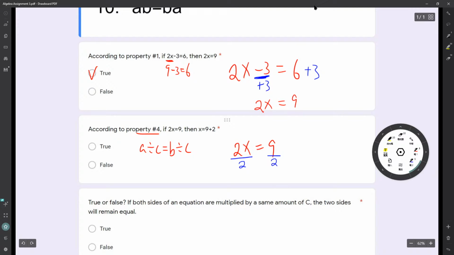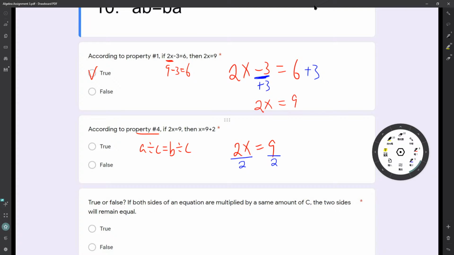Why do we divide by 2? Because x is multiplied by 2, and we do the opposite of multiply, that's division. The opposite of multiply by 2 is divide by 2.